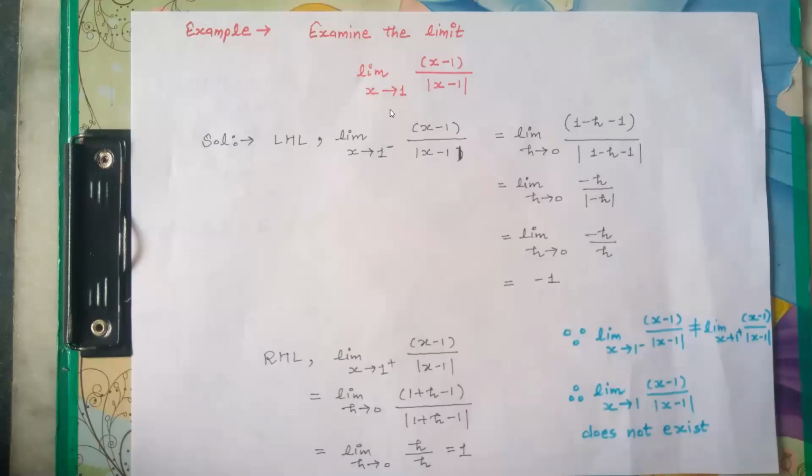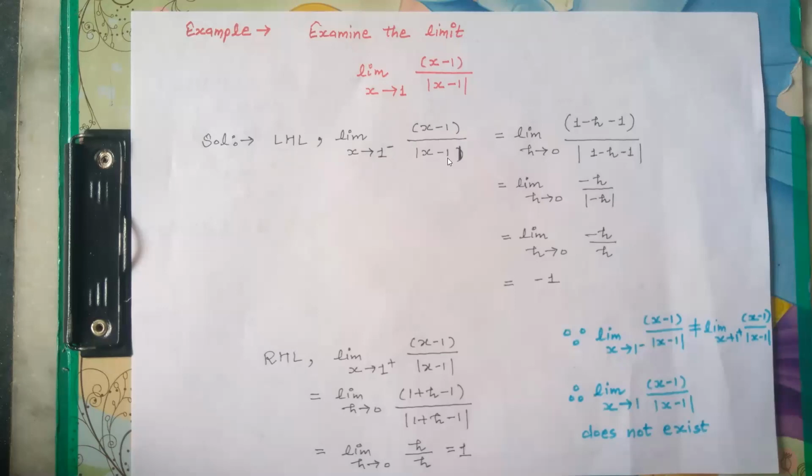Dear students, let us try to understand the same concept with one more example. Examine the limit of the function (x minus 1) upon modulus of (x minus 1) as x approaches 1. First of all, we discuss the left-hand limit. For the left-hand limit, we put this superscript minus sign here.